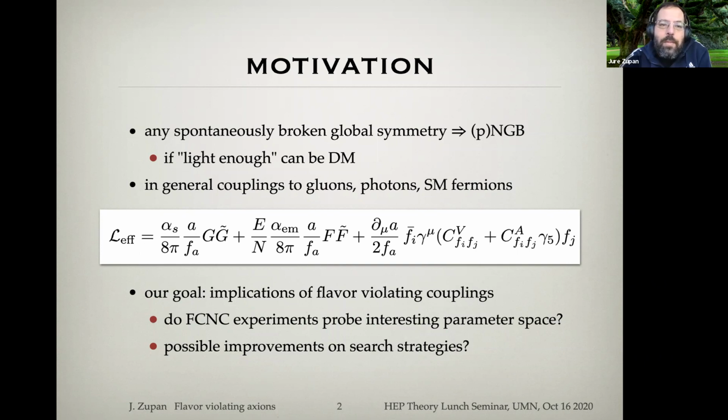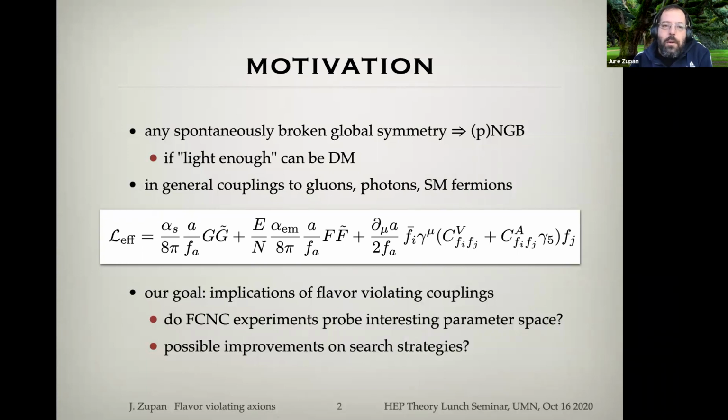And from a bottom-up perspective, it will also have some couplings with anything that is there in the standard model: gluons, photons, or the fermions, with dimension 5 couplings. So this 1 over F will be the typical scale of the new physics where the spontaneous breaking happened. And the goal for this talk is to have a look at these couplings to fermions.